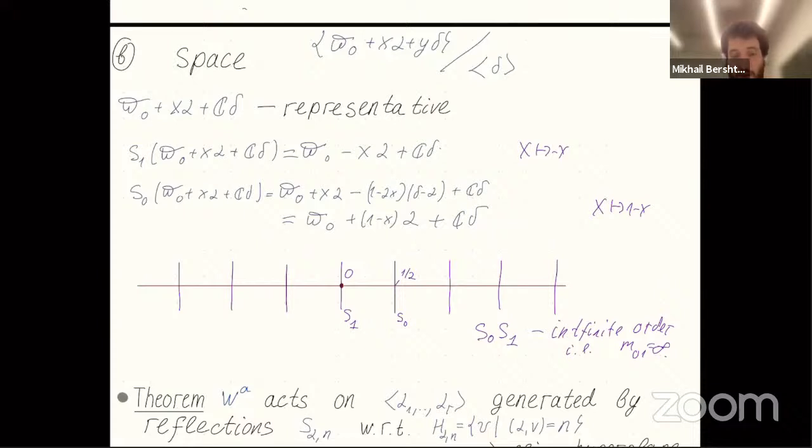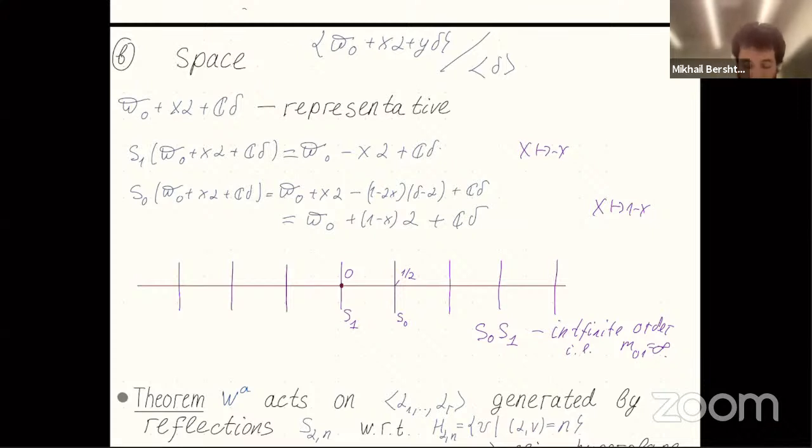And in the denominator, we take the quotient by the subspace generated by delta. So any representative of this quotient is pi 0 plus x alpha plus this linear space generated by delta. So the quotient is something one-dimensional with coordinate x.